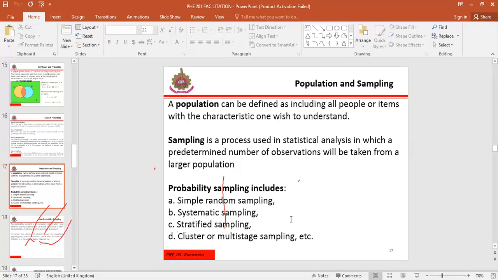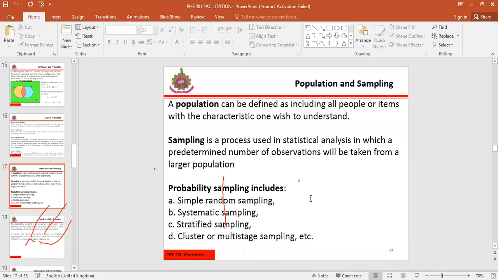Now, simple random sampling just means I decide to come to your class. Probably everyone is in Ogbomoso, maybe for revision or something. So I come to your class and pick some people that I feel can assist in the analysis or in the research that I want to conduct. I may just feel they can be my samples.